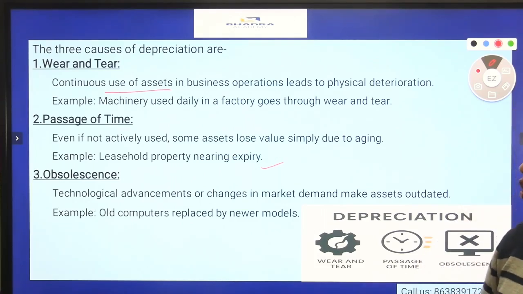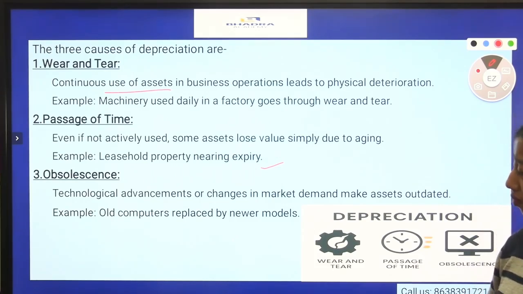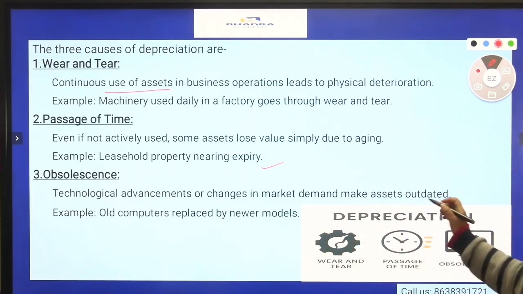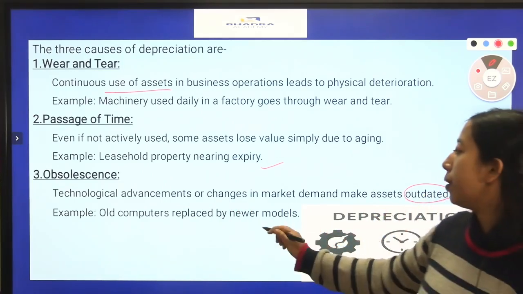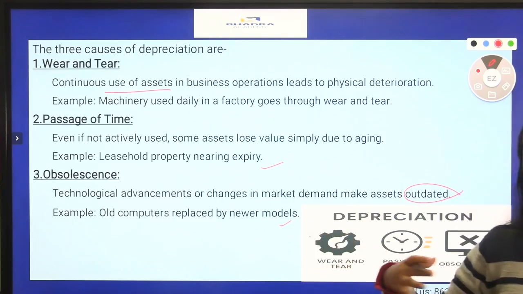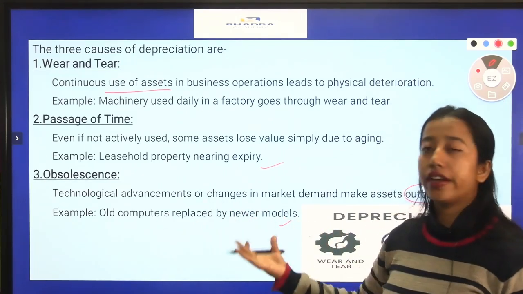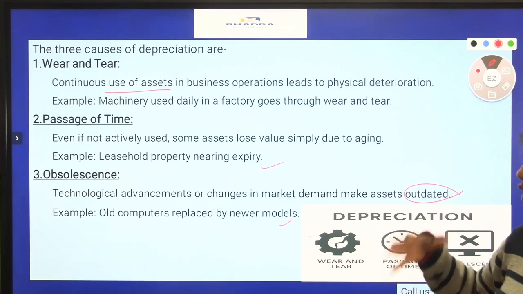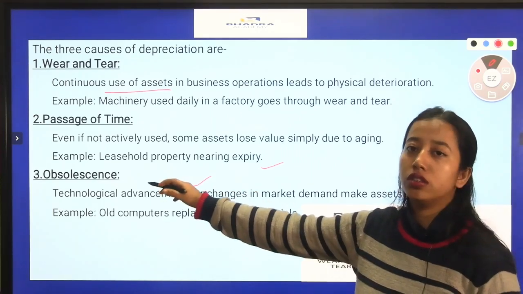The next cause of depreciation is obsolescence, meaning getting outdated. Technological advances or changes in market demand make assets outdated. Example is old computers replaced by newer models. Because computers are technological devices, they very frequently keep getting advanced, so they are very much prone to obsolescence.